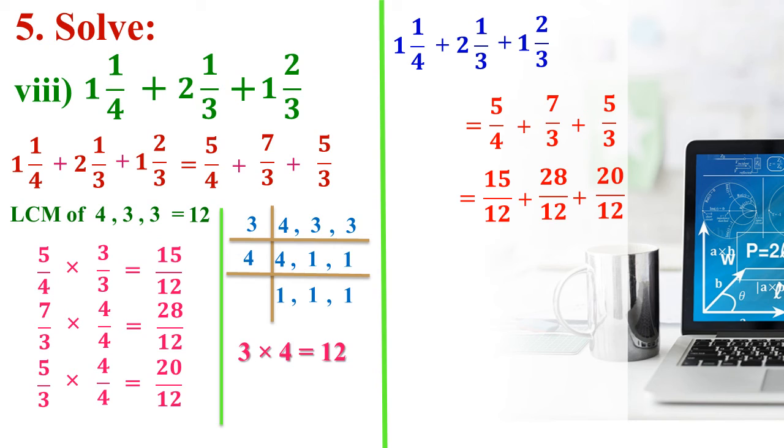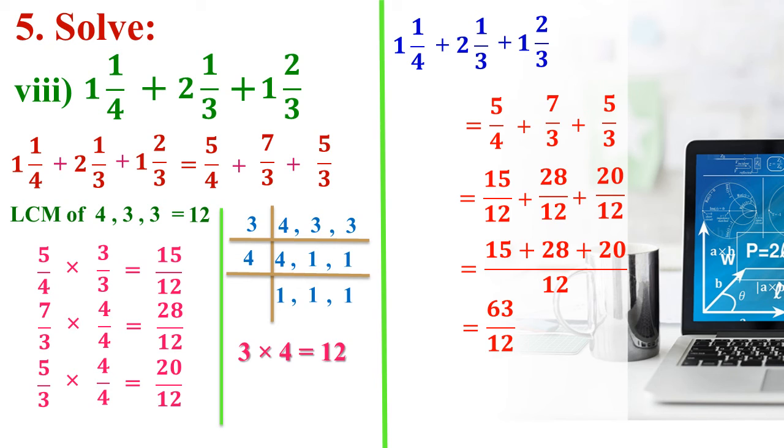Now, these are like fractions. So, let us add the numerators and then write the common denominator. So, 15 plus 28 plus 20 divided by 12. We get 63/12.